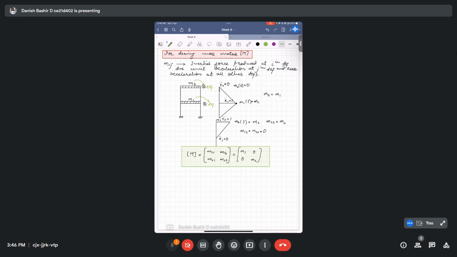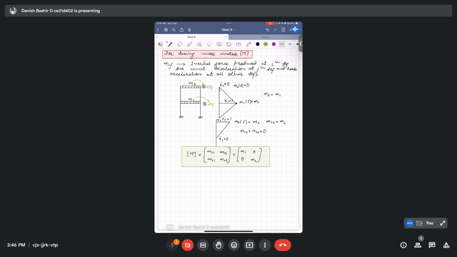That is, all of the off-diagonal elements are zero. There is a huge benefit of getting this diagonal mass matrix. We will see in coming lectures that this diagonal mass matrix reduces the computational cost by a huge amount.